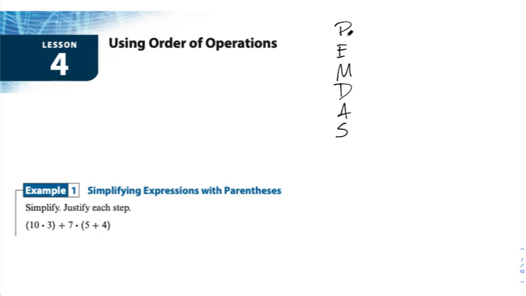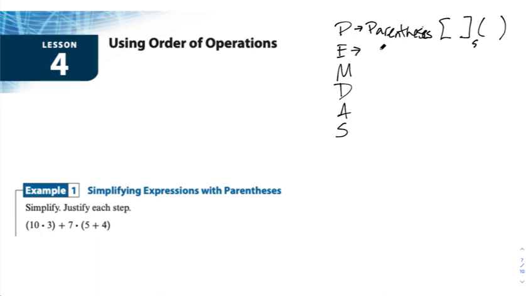So what we want to remember is that first we're going to do everything in the parentheses. That's what the P stands for. So in addition to parentheses, we mean brackets. We can do what's in the bracket first. Even any other kind of grouping symbol, we want to do what's there first.